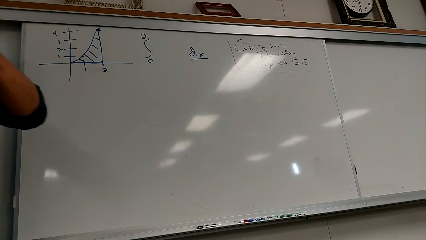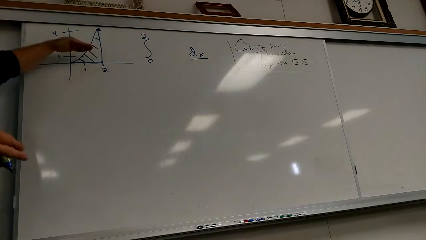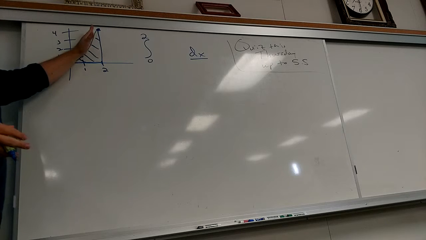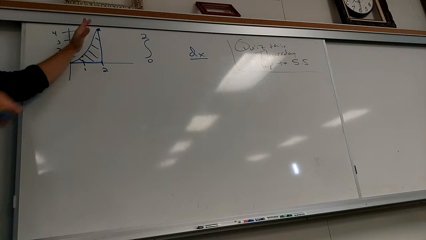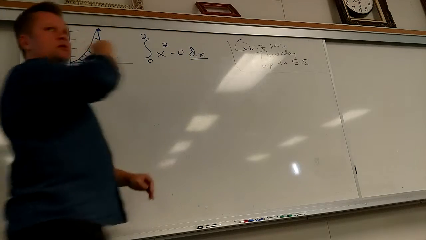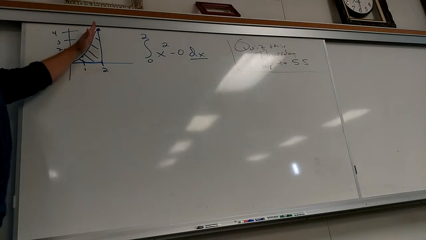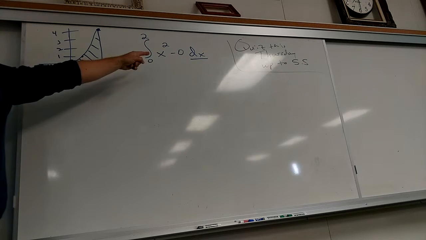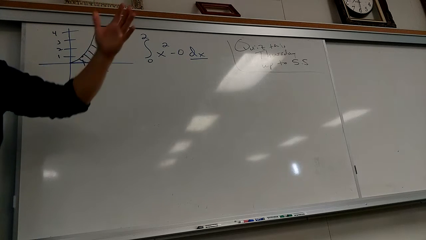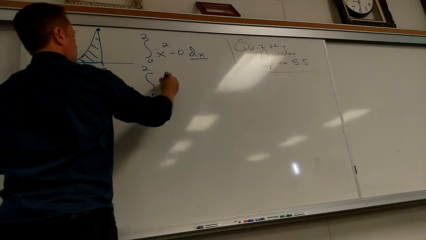X is going from 0 to 2. Y is going from 0 to this. That's why the inside actually technically would be this. Because y is going from 0 to x squared. But of course that minus 0 doesn't show up, right? So you would just write this.